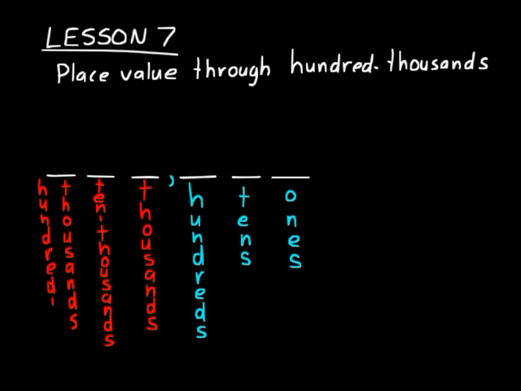Can you think of what is the next one to the left of the 100,000s place? It would be the millions, but we're not doing that one right now. But that would be the next one. And you have a comma after the 100,000s, and then the next place value to the left of that would be the millions. So let's just think about these ones, tens, hundreds, thousands, 10,000s, and 100,000s places.